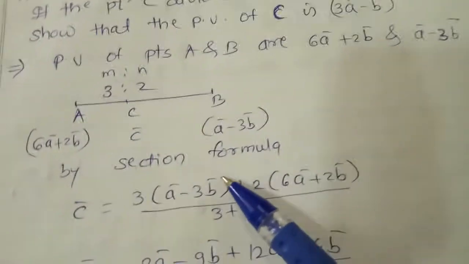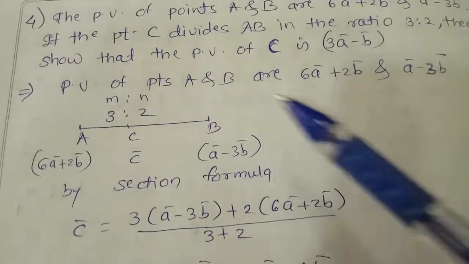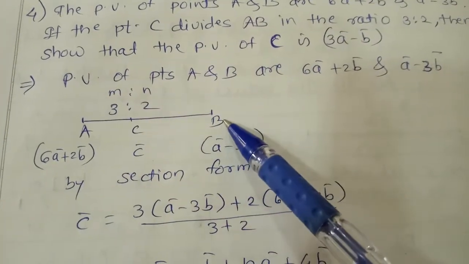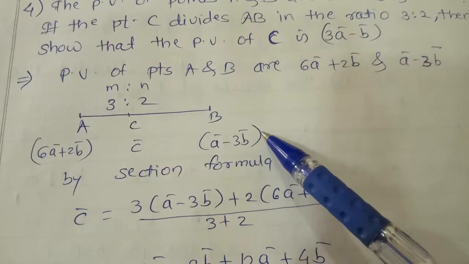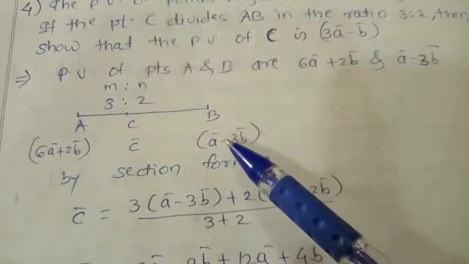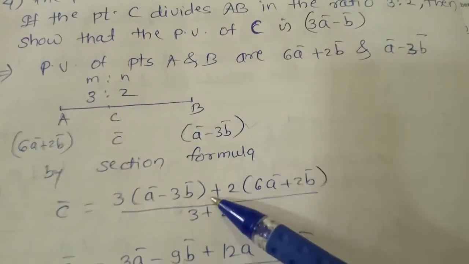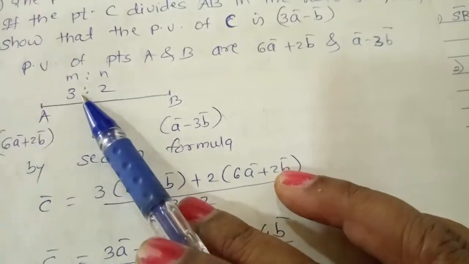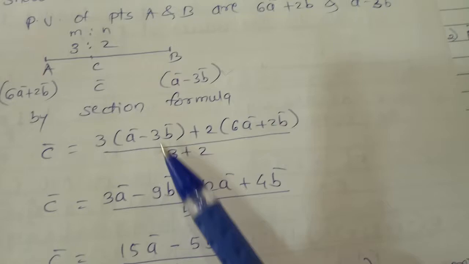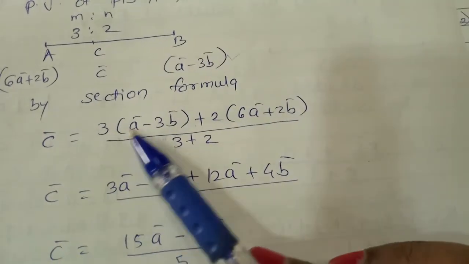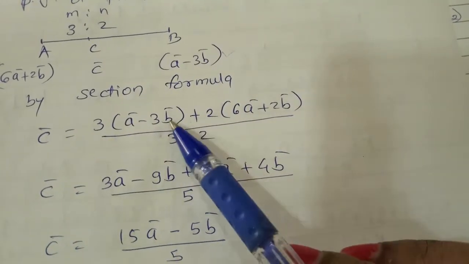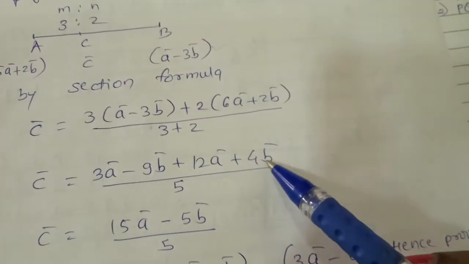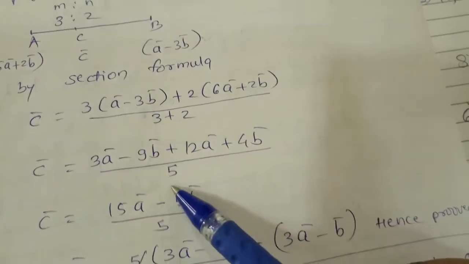Now by the section formula for internal division, how can we write it: m times B's vector, but I am not taking this b bar, so I am going to write this bracket. So m into this bracket plus n into this bracket upon m plus n, and we just have to solve this. So c bar is equal to 3a bar minus 9b bar plus 12a bar plus 4b bar upon 5, since 3 plus 2 is 5.